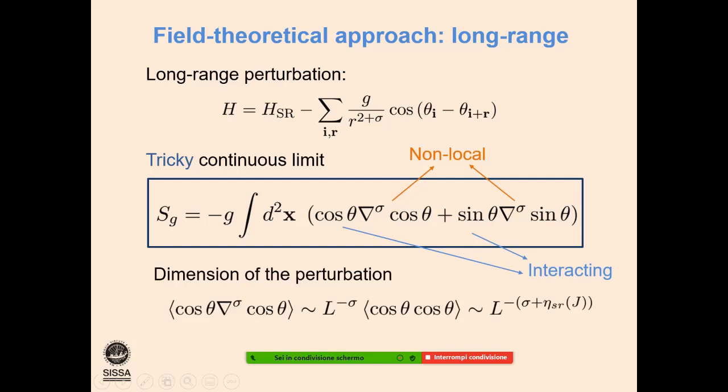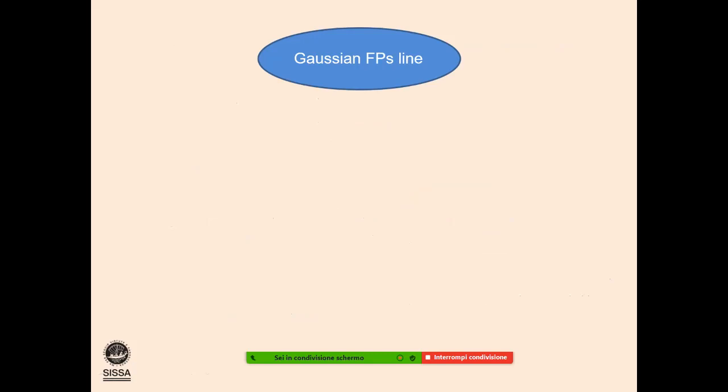Now, if we consider the dimension of this perturbation on top of the Gaussian short-range theory, we see that its dimension is sigma plus eta short-range, where eta short-range is the exponent of the correlation of the short-range theory. Now we have our rough picture, but still convincing.